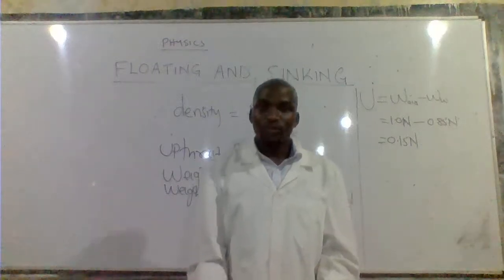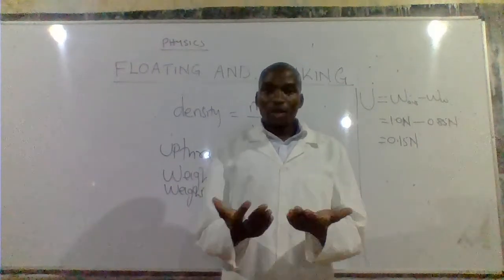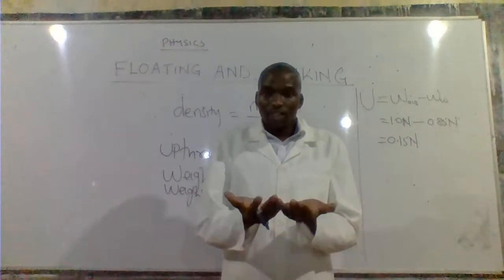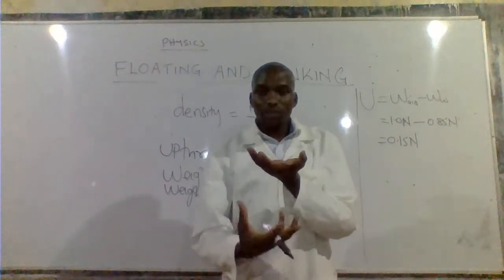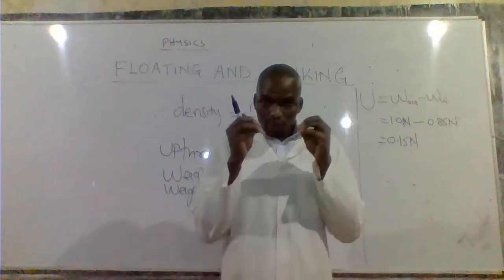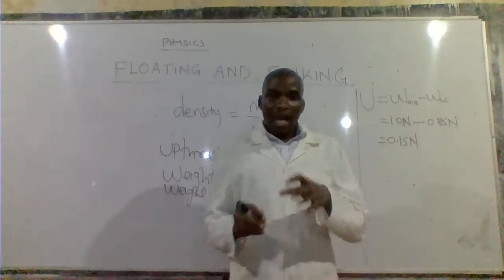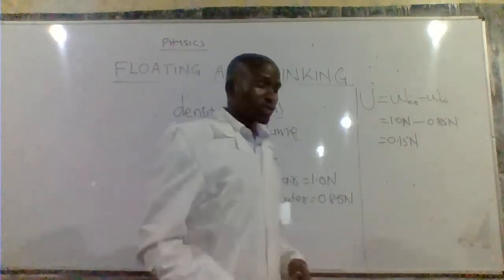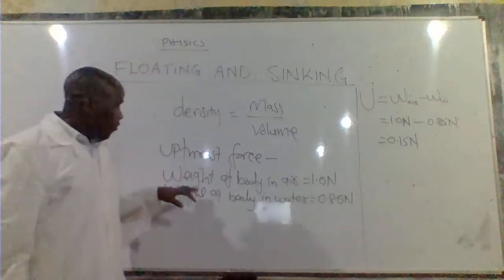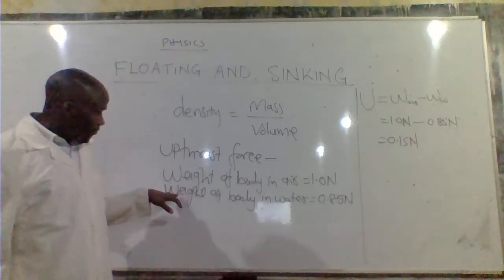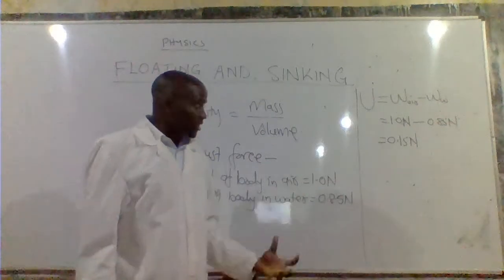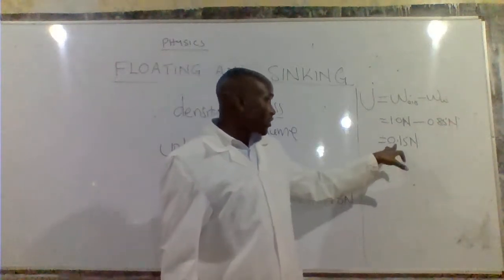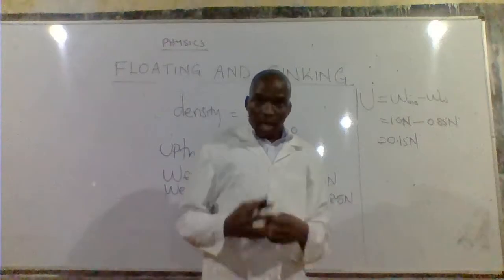So upthrust force acts upward. That's why objects immersed in a given liquid are going to weigh less, because there is that upward force that is acting on those given objects. And as clearly seen in my demonstration, we have seen that weight of body in water is 0.85, and when you subtract that, you get upthrust force as 0.15 newtons.